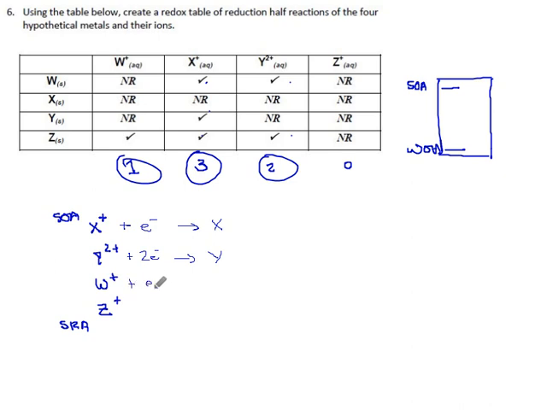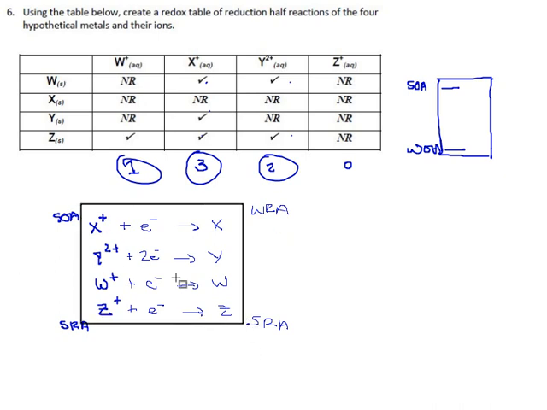W would be okay with just 1 electron, and that turns it into W metal, and same with Z. And if you want, you can put strongest reducer and weakest reducer on this side. That part's not really necessary, but what's in this box is what you need if they want you to create a redox table.